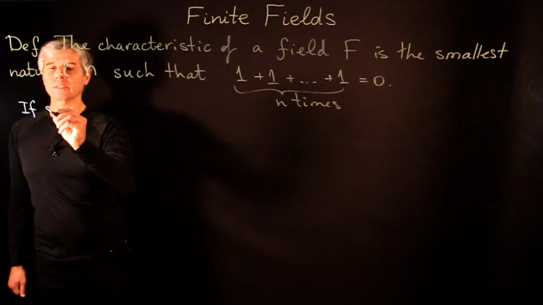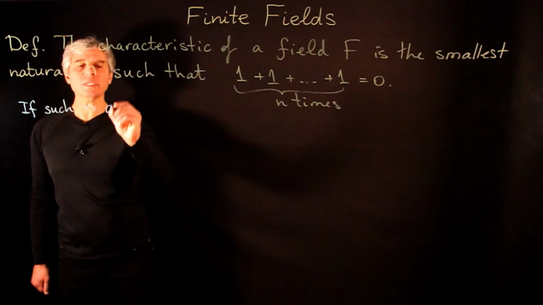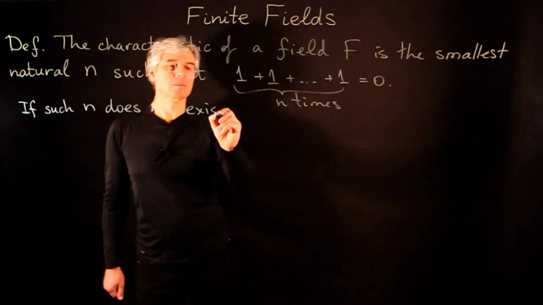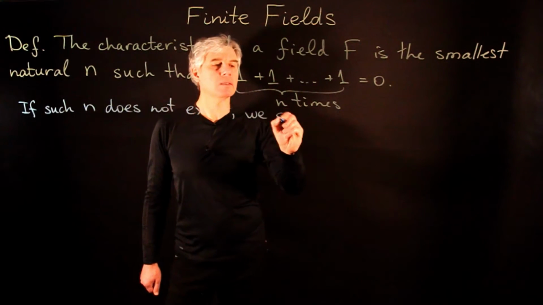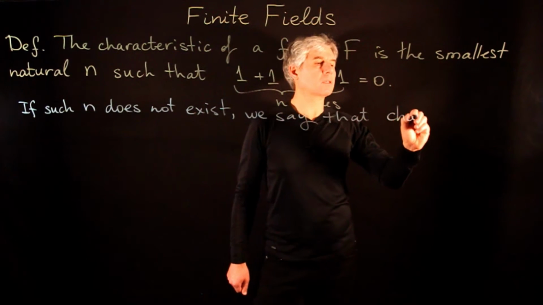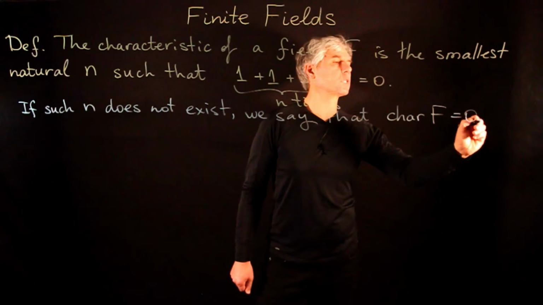If such n does not exist, we say that the characteristic of a field is equal to 0.